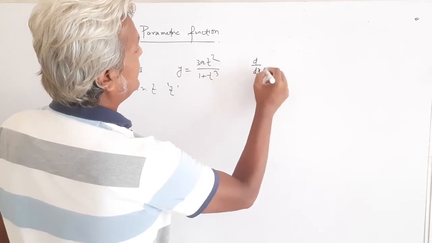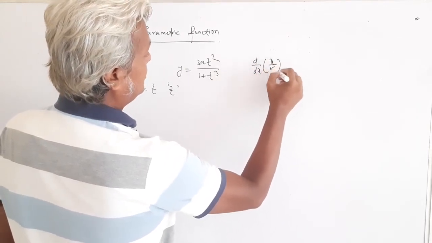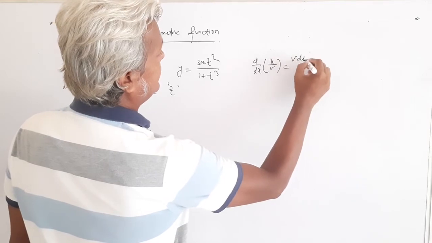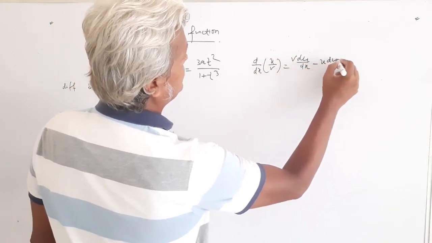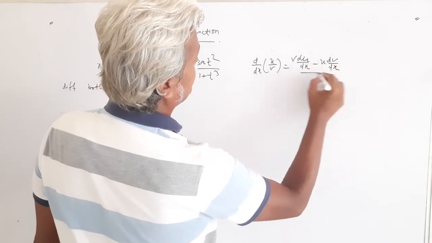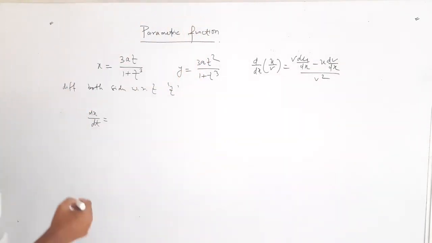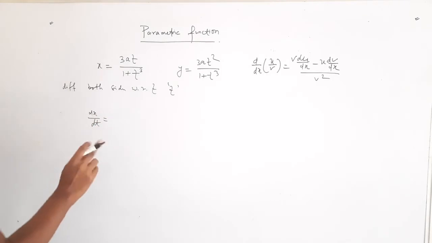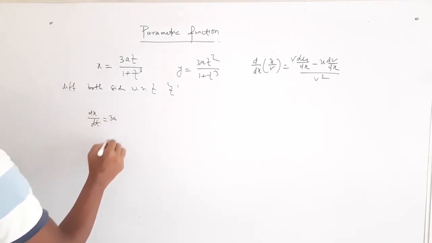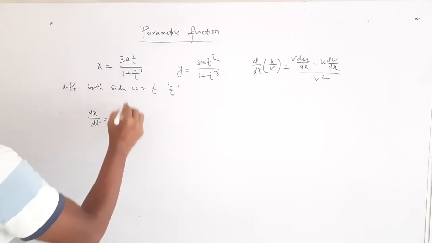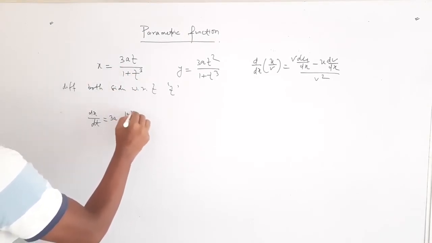So d by dx of u by v is v du by dx minus u dv by dx upon v square. Same way, here this 3a is a constant, so you can keep it aside. So I can write this 3a, and then I just write 1 plus t cube as it is.